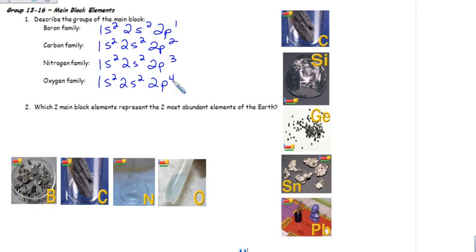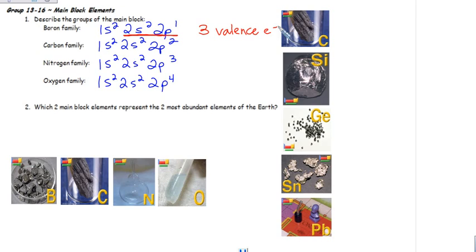Valence electrons are all the electrons in the highest energy level. The highest energy level occupied is the second, so we're looking for all the electrons in the second energy level. 2s2, 2p1. There's a total of 3. Everybody in the boron family will have 3 valence electrons.